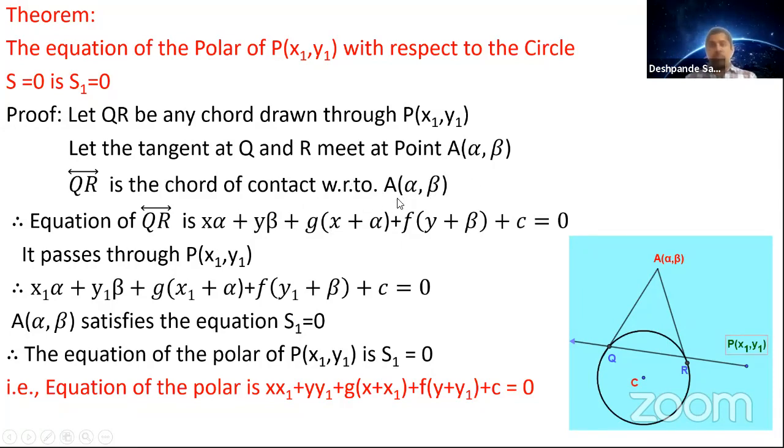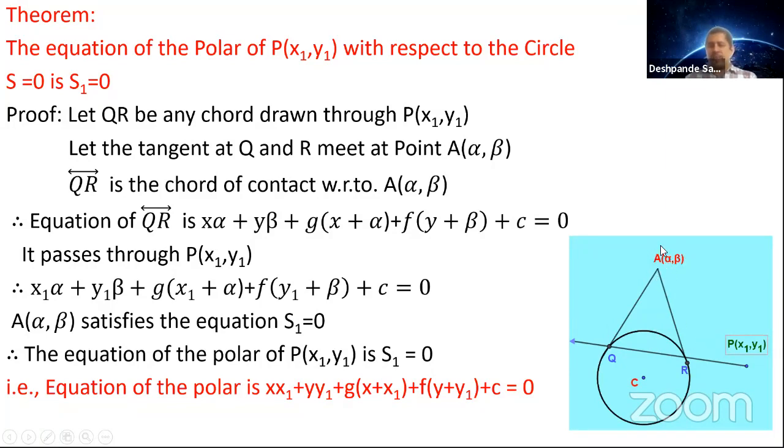Now this is passing through some point (x1, y1), so substitute the point (x1, y1) there. In place of x, you put x1, in place of y, you put y1. Then you have changed this line. Instead of taking QR, you have taken another line, Q1R1.